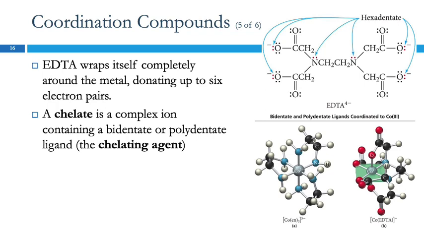So we have another word for bidentate or polydentate compounds. So a chelate is a complex ion that has bidentate or polydentate, basically ligands that donate more than one. And so the ligands are called the chelating agents. They cause it to become a chelate.